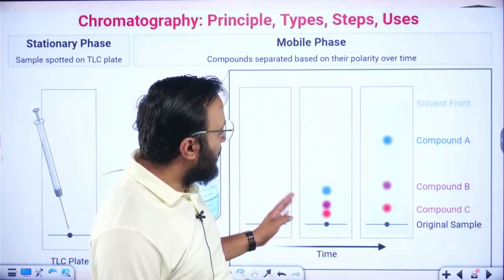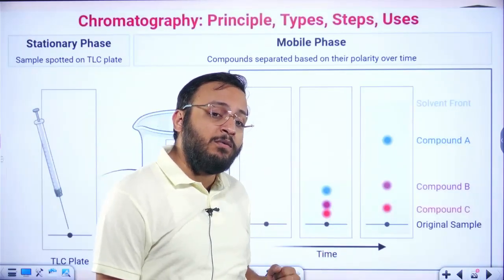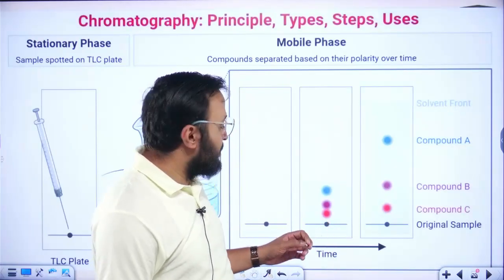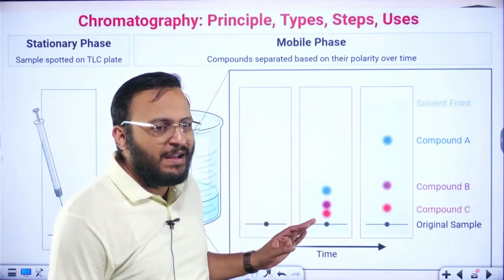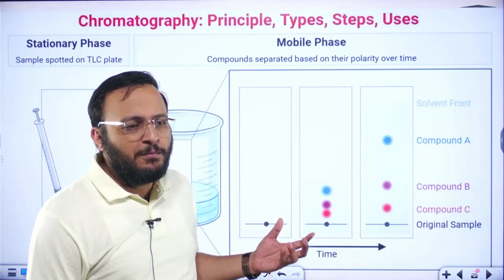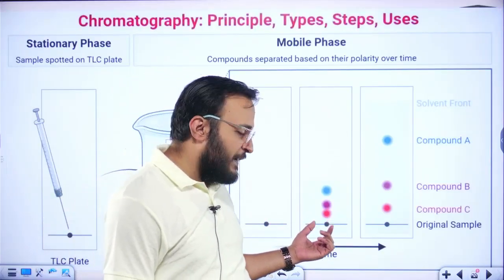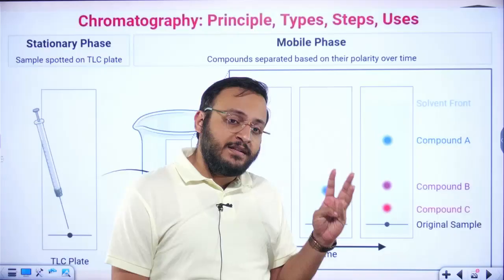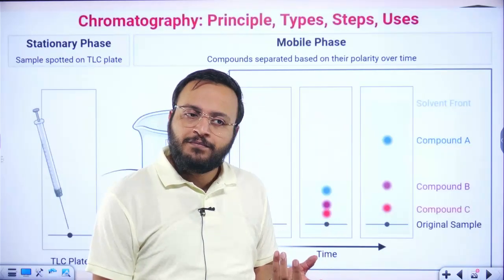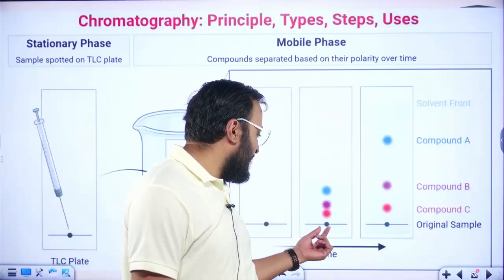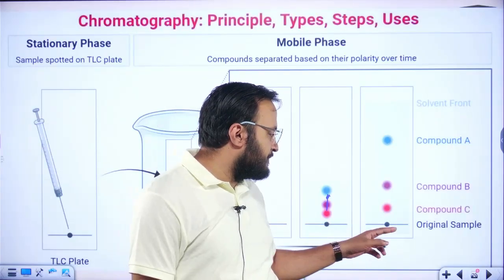But my dear, this sample actually contains different kinds of compounds, and this thin layer plate provides a medium of motion to the different compounds, and the different colored compounds have different mobility as well. So you can see that the separation has already started off.